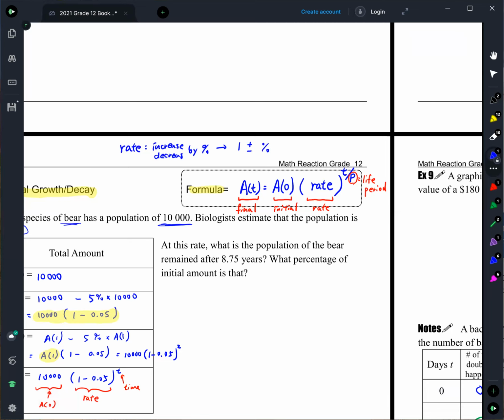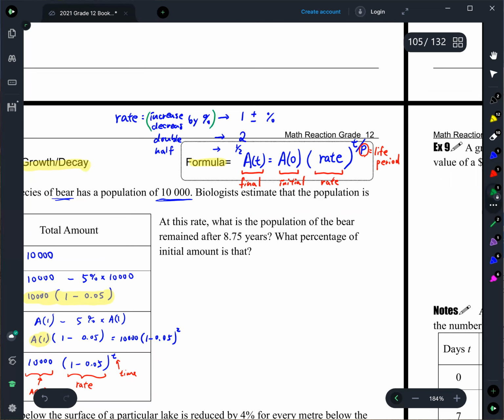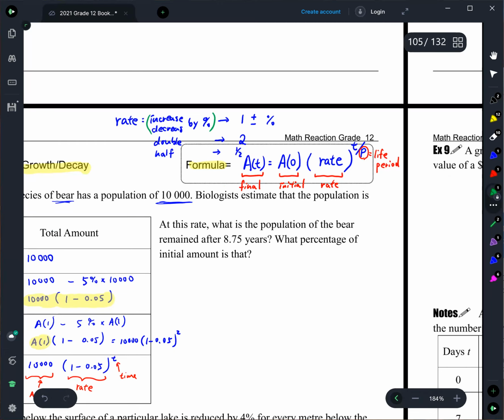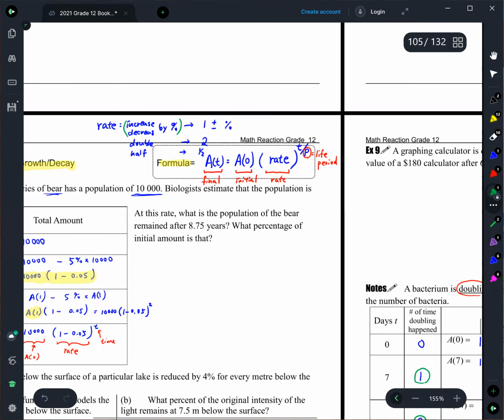If it's a double, then the rate will be 2. Okay, if it's a half, then the rate will be half. Okay, so this is for the rate. So it can be anything, right? Most common ones you see will be like double or half.